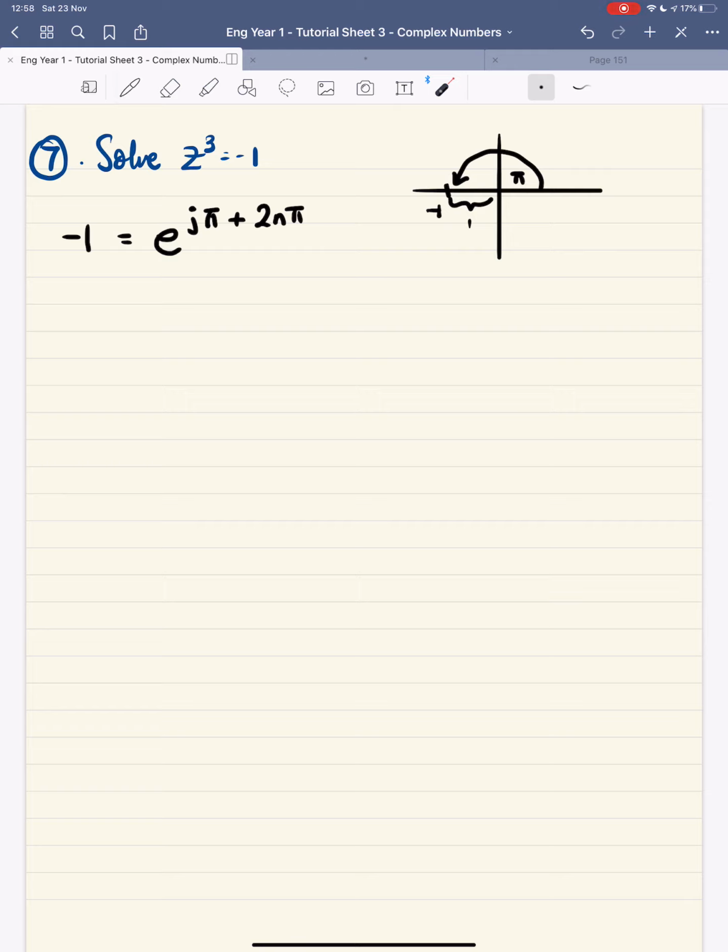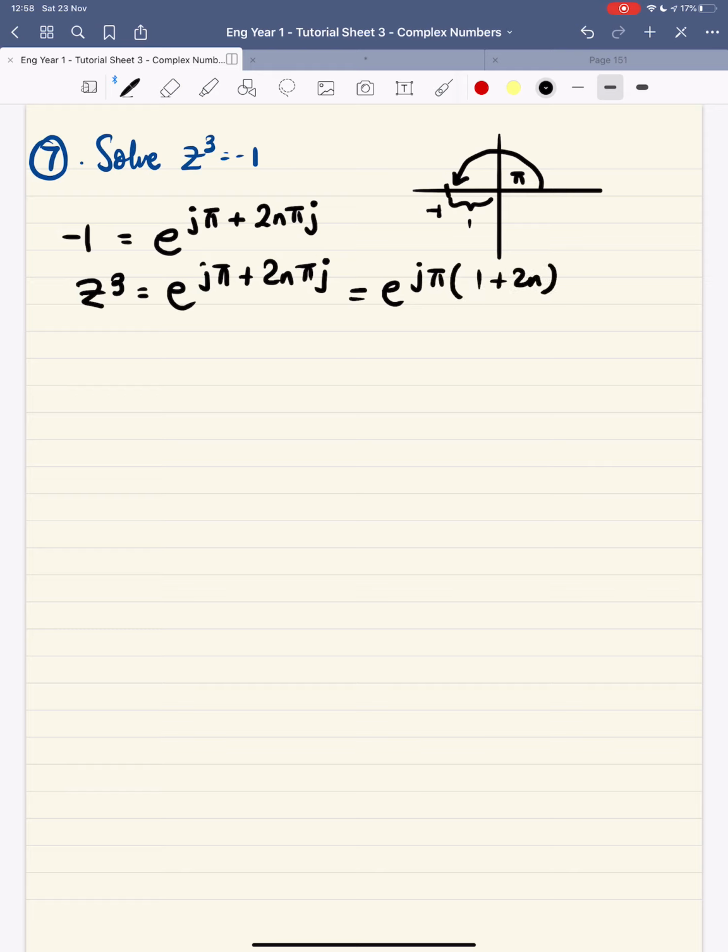minus 1. So we've got z cubed is e to the j pi plus 2n pi j. So it's e to the j pi (1 plus 2n).